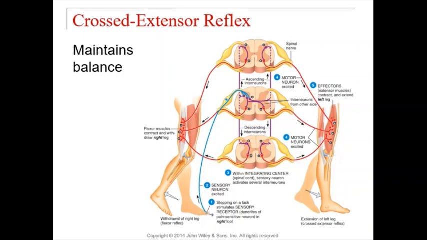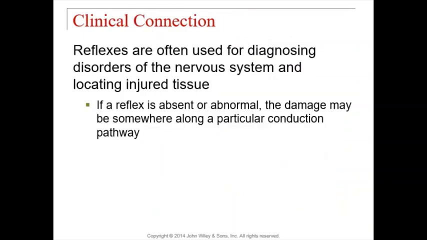So it turns out I could test your nervous system by simply testing a reflex. That's all doctors do. When they tap you on the knee, that's just them trying to see if your nervous system is working. Because I know if I tap you on the knee and you do not kick out, well, that could be a sensory problem. Maybe your body didn't even notice I tapped you on the knee. Maybe it's a sensory neuron problem. Maybe the neurons aren't working in your nerves to send that information.